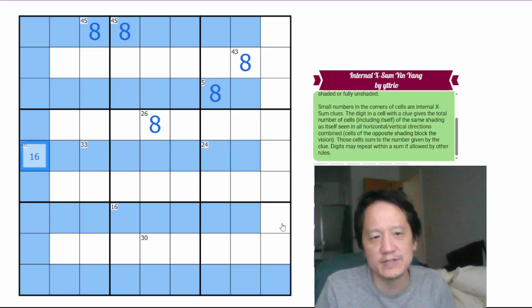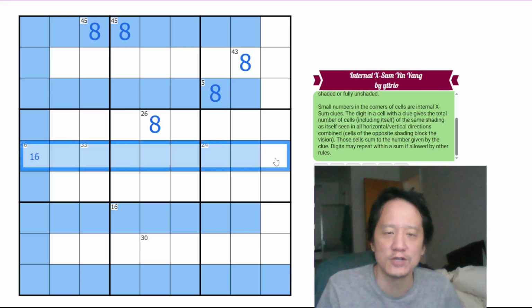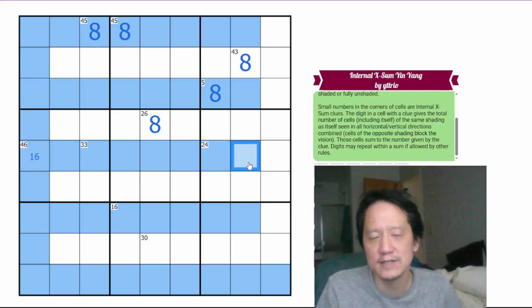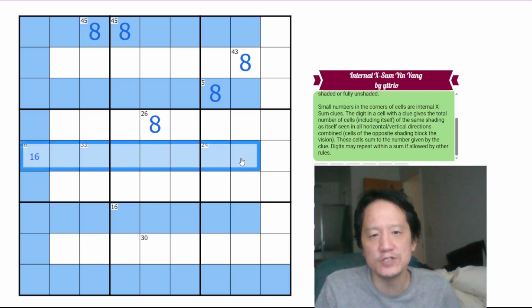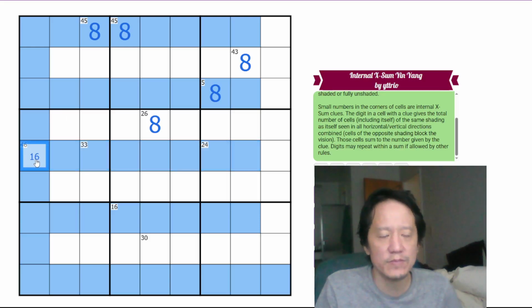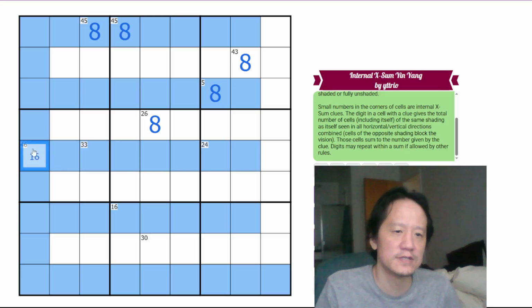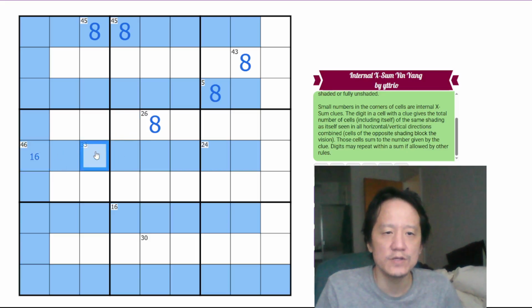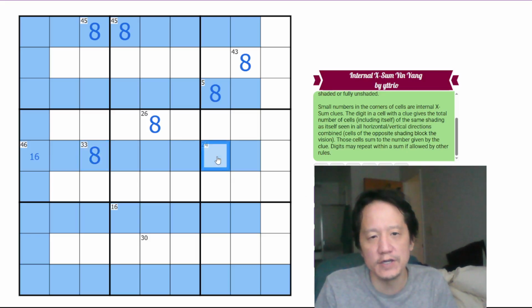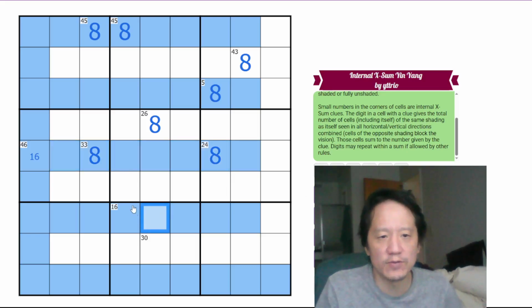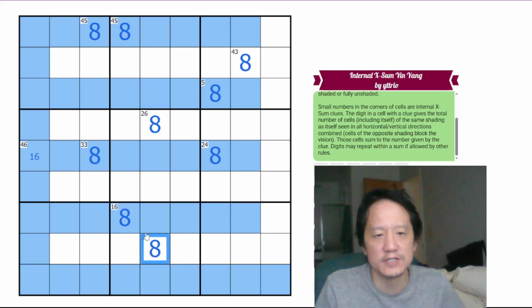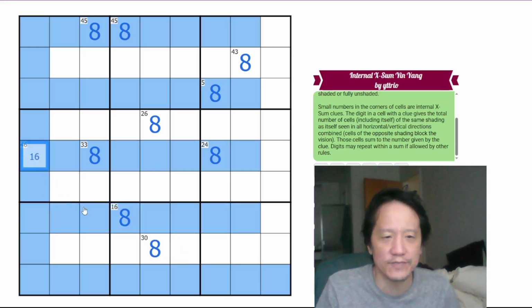So this would have to be 16 if this were actually valid, but obviously it's not. And then the sum of those digits that it does see sum to this number in the upper left-hand corner. So this would be 8. This would be 8, if that were the case. All of these would be 8, essentially, because they see 8 digits except for that, which sees 16.